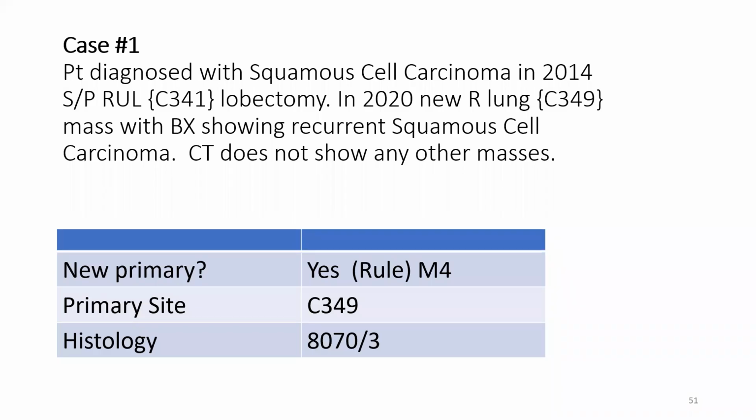This case had a clinically disease-free period of 6 years. And M4 says it needs to be 3 years. Also, if you don't know or it's not documented whether the patient had a recurrence in between this time, you go back to the date of diagnosis to compute the time interval.